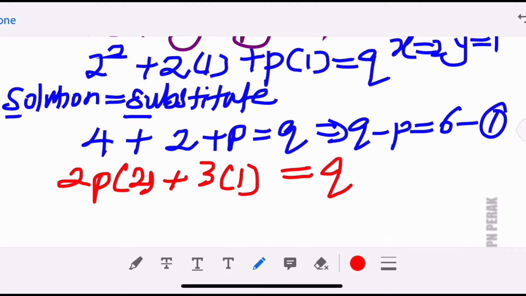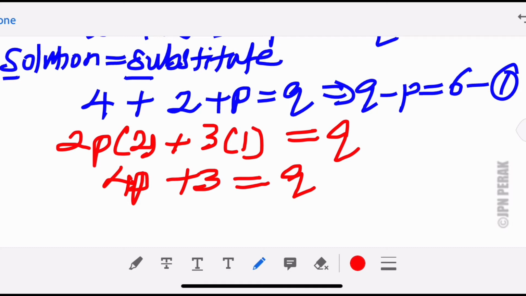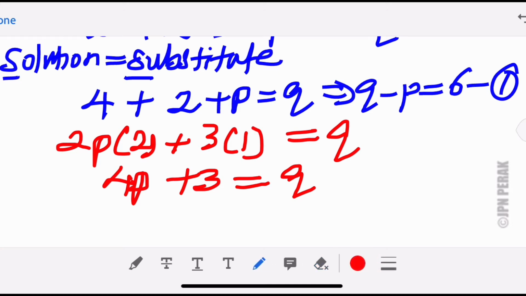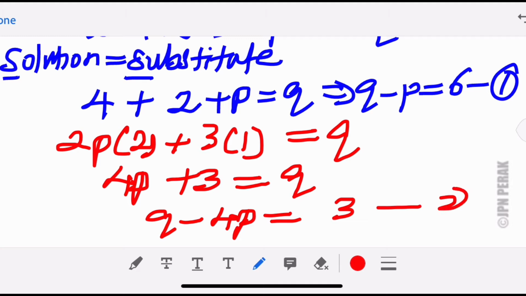Unknown, so we will get another equation in terms of q. So we can write as q minus 4p equal to 3. Now we can solve these two equations.